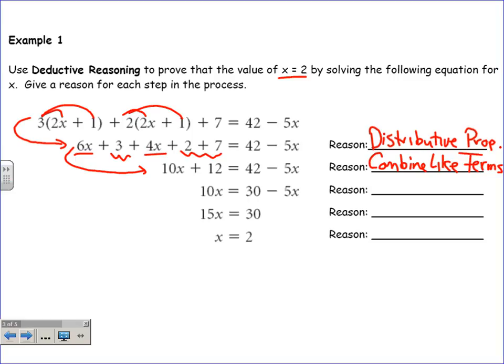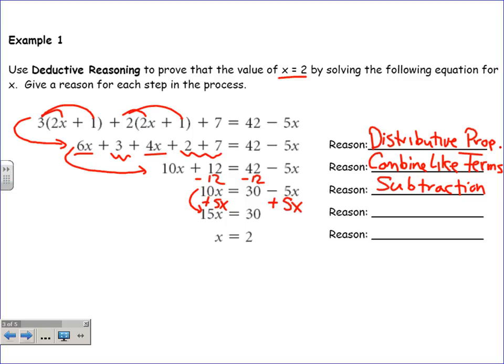From there, it looks like we subtracted 12 off of each side. So we are using subtraction. These are agreed-upon mathematical processes that we've talked about. From there, it looks like we are adding 5x to both sides. We're just looking at the difference between this line and this line, and it looks like we're adding 5x.